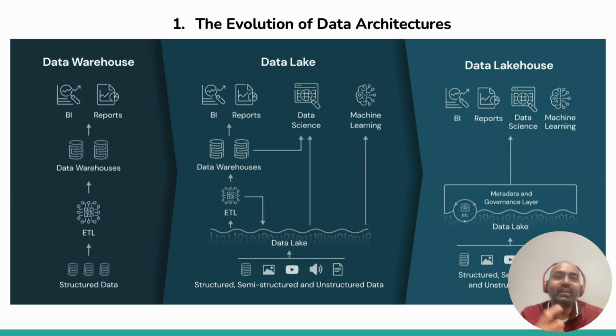Now, there are different types of databases and different applications based on those different types of databases. We'll talk about that briefly, but essentially, we are going to cover data warehouses a little bit more and then move on to the next version, which is data lake. When we say data lake, we are talking about big data, right?